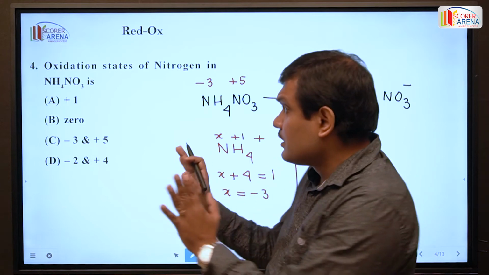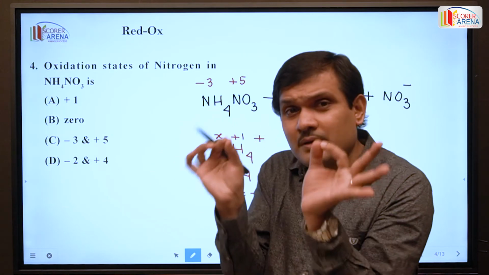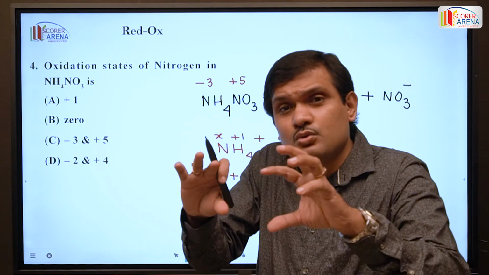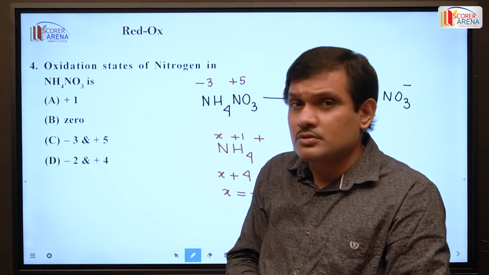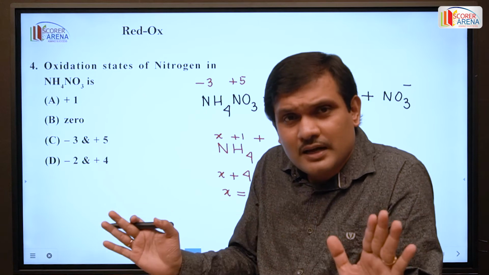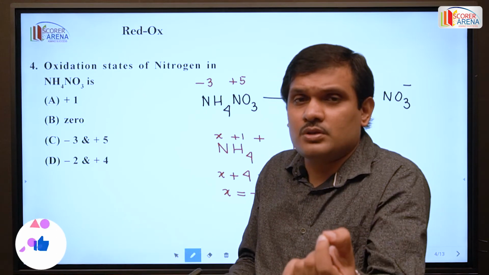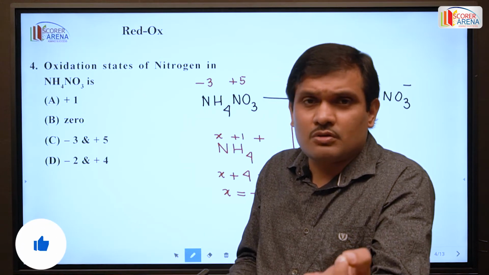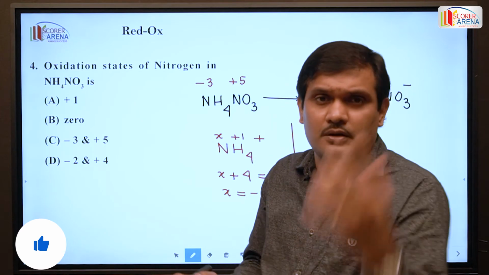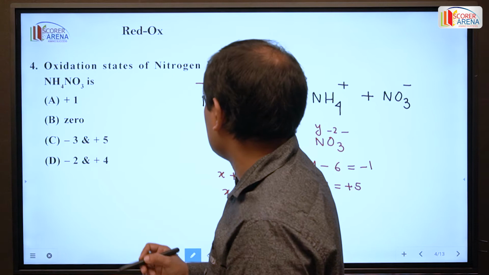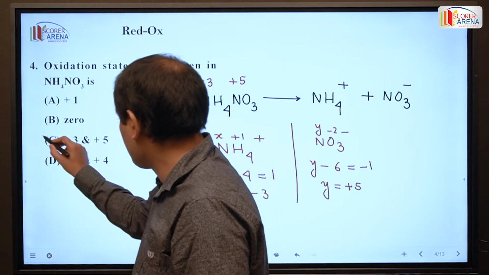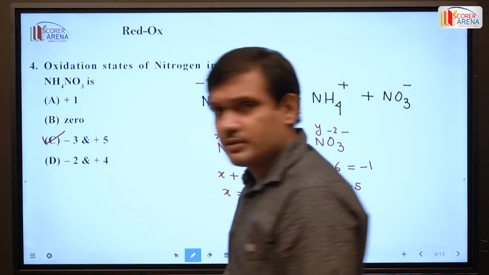So when the same element is present in 2 different parts, like cation and anion, always separate the cation and anion parts and find out their oxidation states or oxidation numbers separately. So we have the correct option: minus 3 and plus 5. Option C is the correct option.